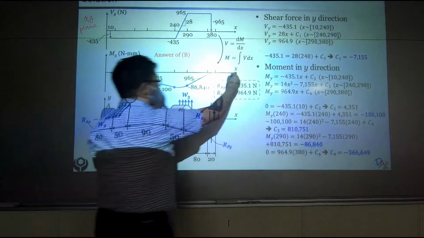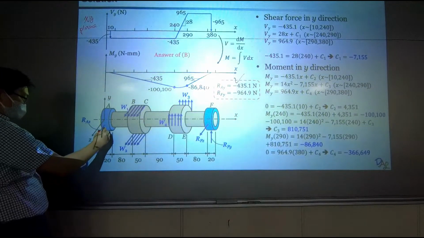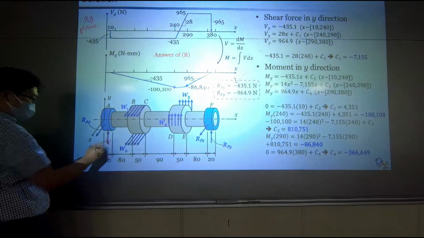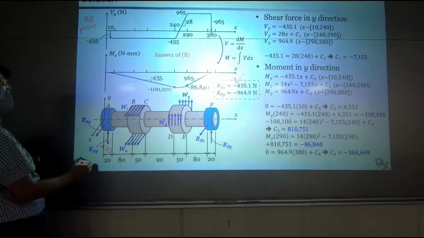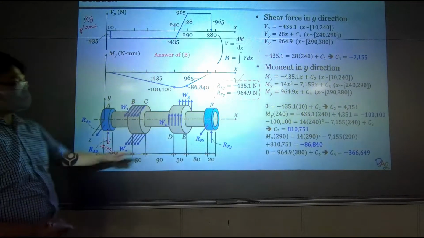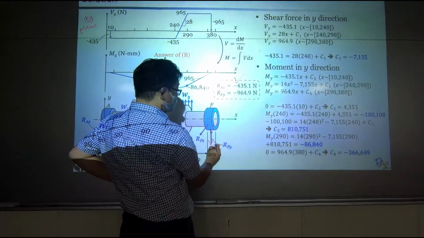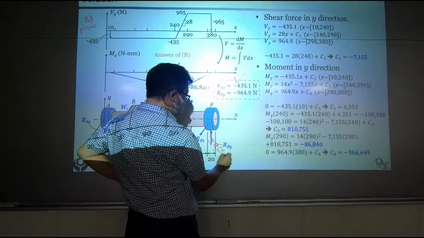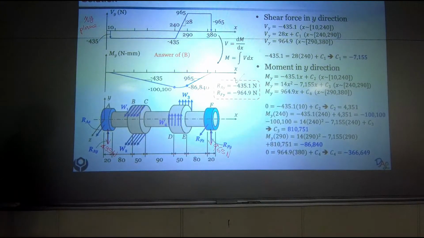Okay, this is what we had earlier. So this one is actually going down 435 Newton, and this one is going down 965 Newton. I'm rounding them just for simplicity.